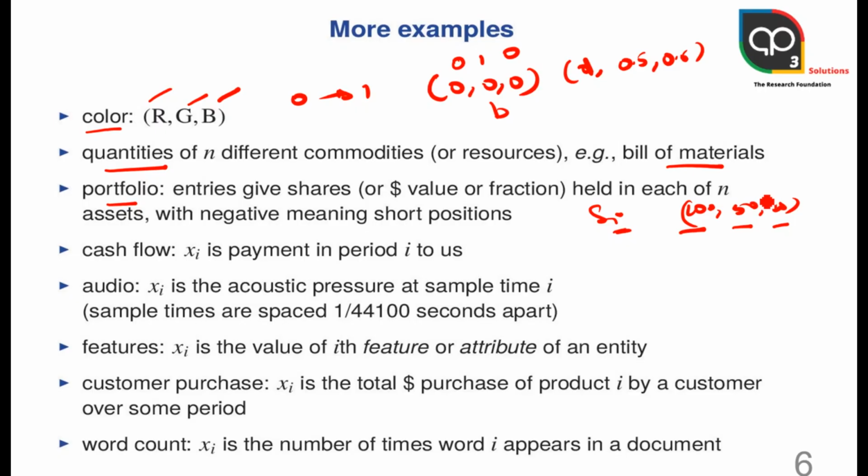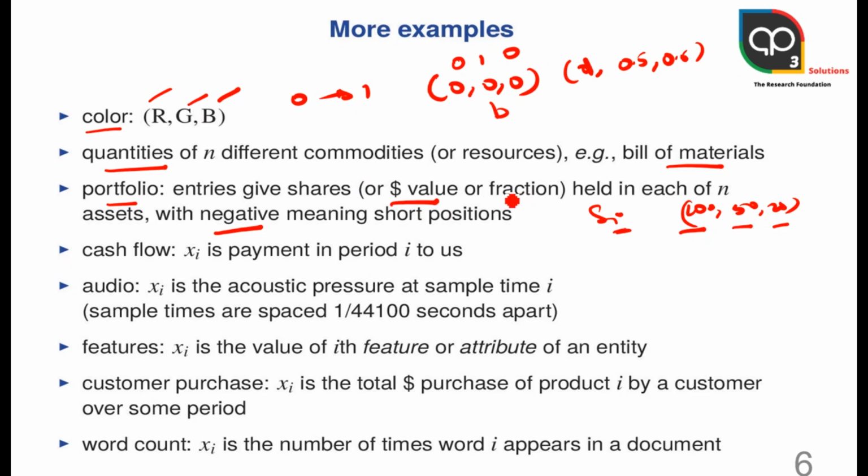Short positions, that is shares that you owe another party, are represented by negative entries in the portfolio vector. The entries of a portfolio vector can also be given in dollar values or as a fraction of the total dollar amount invested.